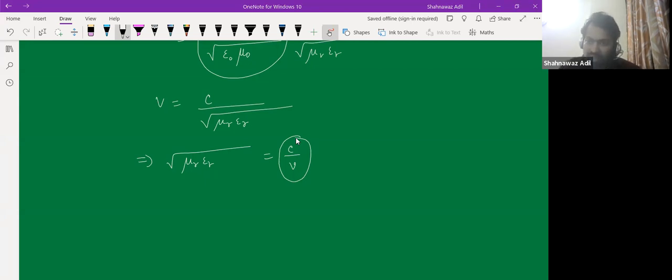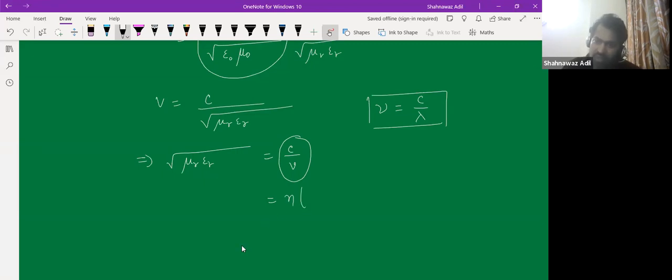Frequency? Frequency nu is c by lambda. C by lambda is frequency, right? But c by v, velocity of light in air over velocity of light in medium, that is the refractive index.